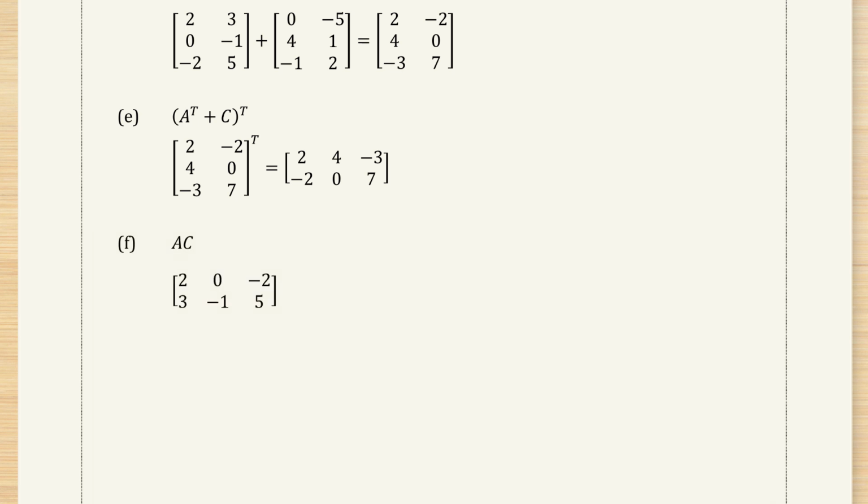A times C. A is 2 by 3, and C is 3 by 2. So yes, in fact, these two inner dimensions match, and therefore we can multiply these two matrices together. Now watch carefully, matrix multiplication is quite challenging. It's easy for me to mess up.